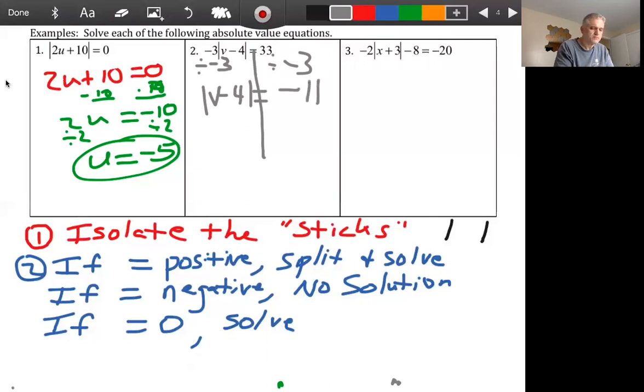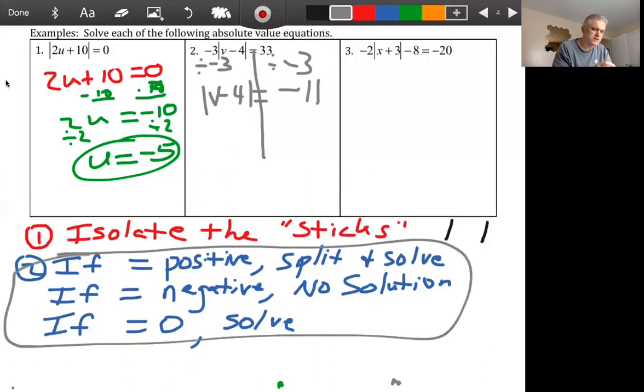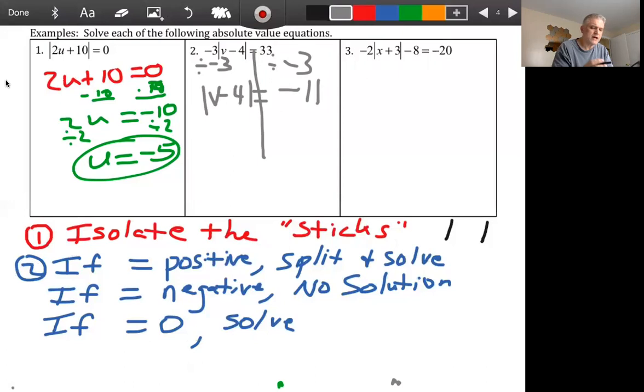Now here is my little checklist I'm giving you. If after you've isolated the sticks, it says equals 0, like we did in question 1, we just solve it. Drop your sticks and just solve it as if it's an Algebra 1 question.